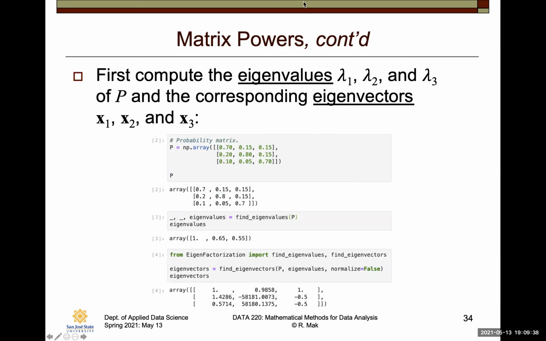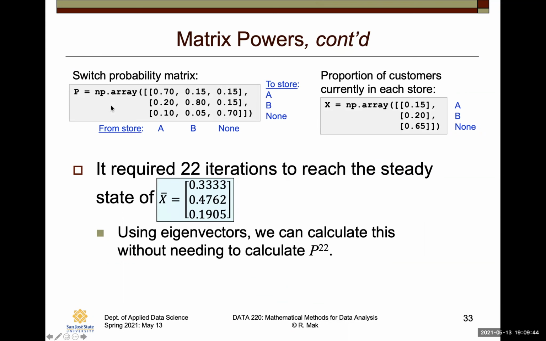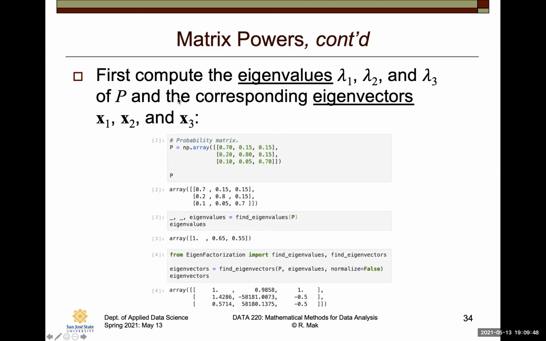Okay, so first we compute the eigenvalues of p, p being our probability matrix here, and the corresponding eigenvectors. So here's p, and I'm actually calling my routine that will calculate the eigenvalues.